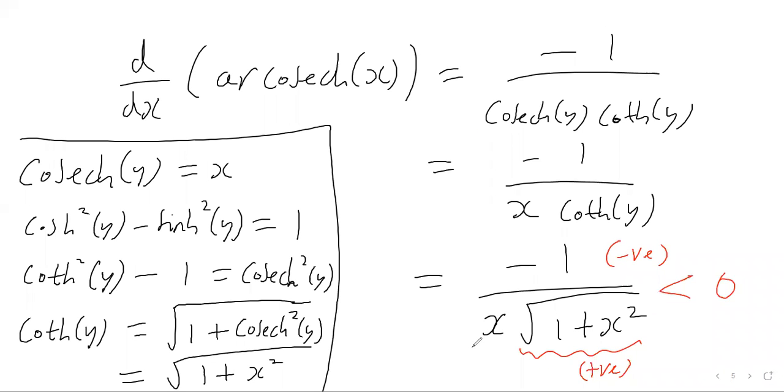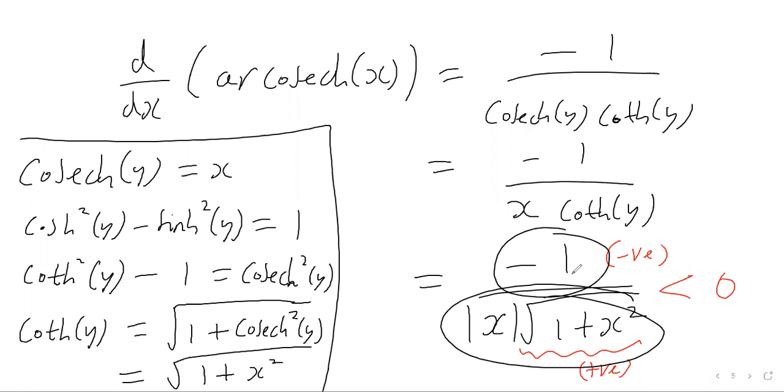Obviously, if x is a negative number, you get a negative times positive, that would be a negative. A negative divided by a negative gets you a positive, so that's not going to work. We have to make this x positive for all x values. That's why we've got to put the modulus sign in there, to guarantee we get a positive number on the bottom and a negative on the top. Negative divided by positive gives us the negative that we want.